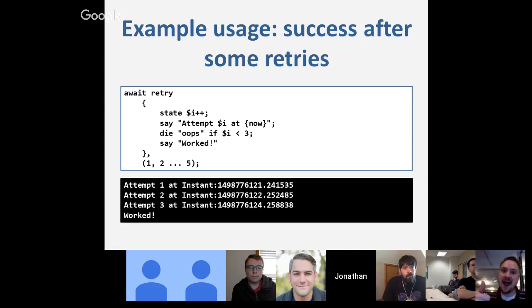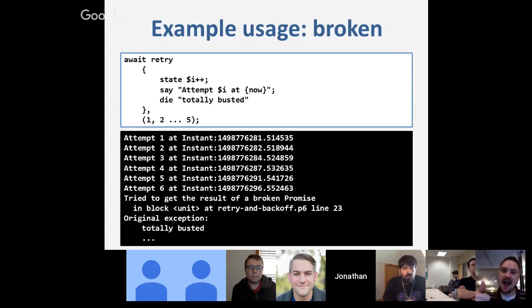We increment it, we die if it's less than 3, and then eventually it works. And then we have the case where it doesn't work. It just always dies, and we retry several times. Attempt 1 is at 0, and then we get back an exception from that retry mechanism.